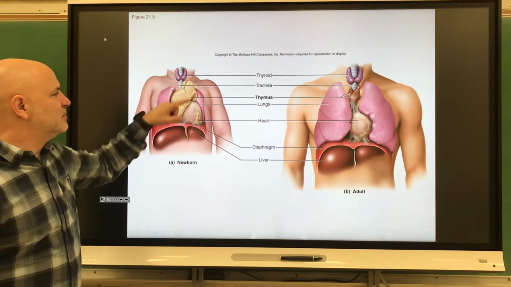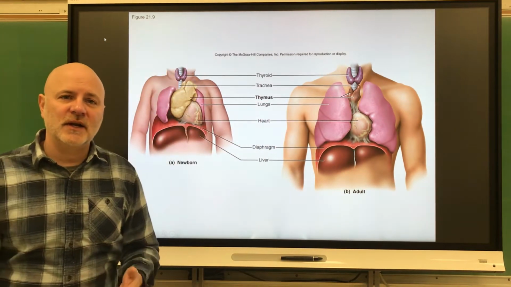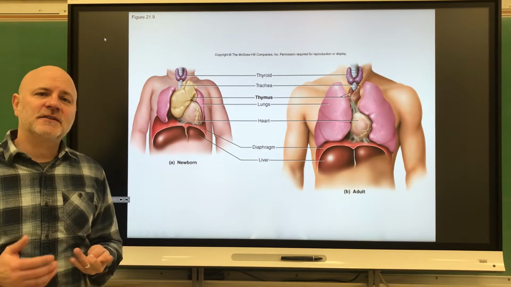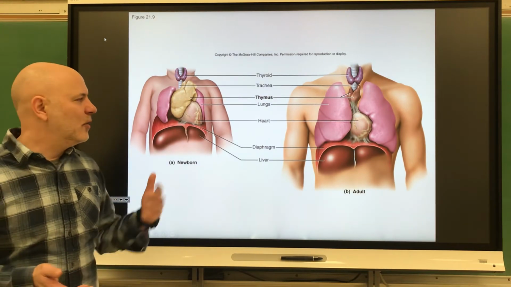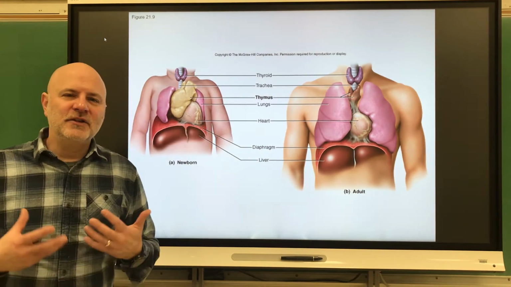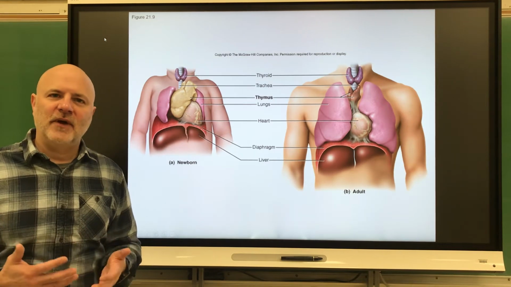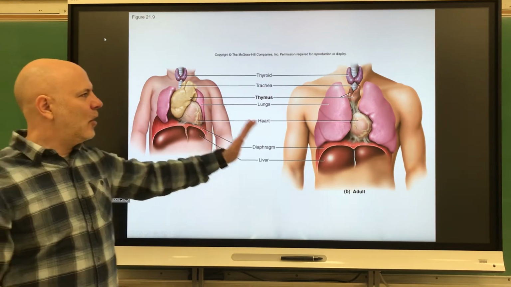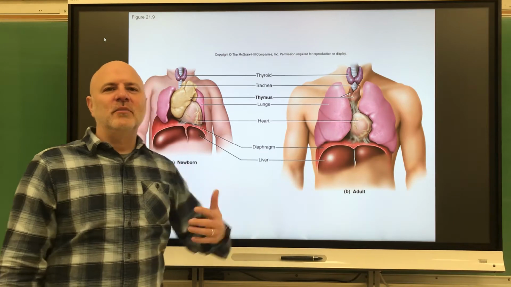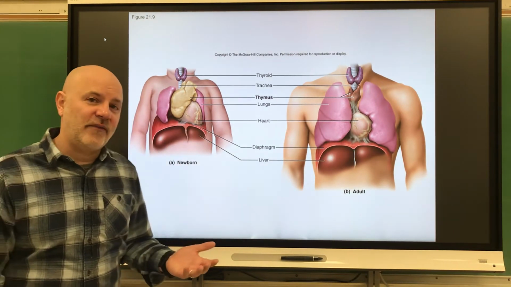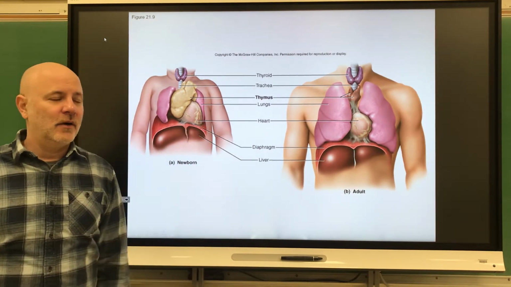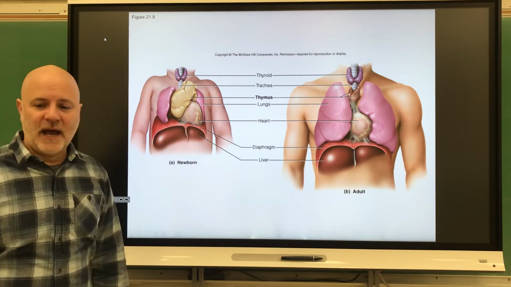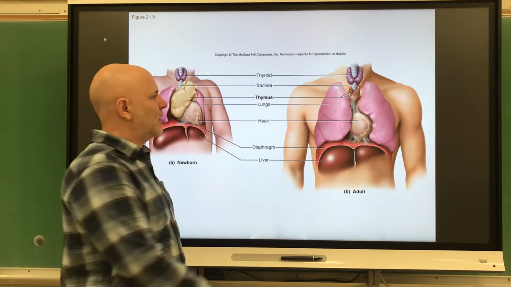The thymus gland is much larger in children than it is in an adult, and that's because everything that a newborn is going to encounter is going to be brand new, and they have to develop an immunity to it. The older that we get, the less new stuff that we encounter, so we don't need it to be as large anymore, all right?